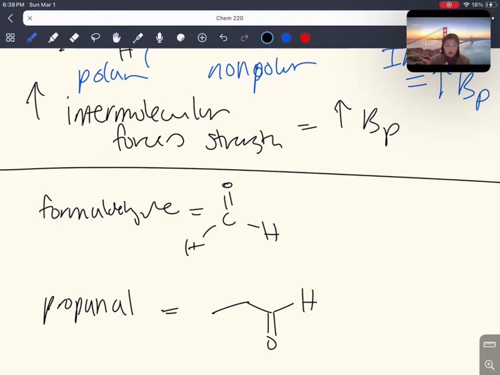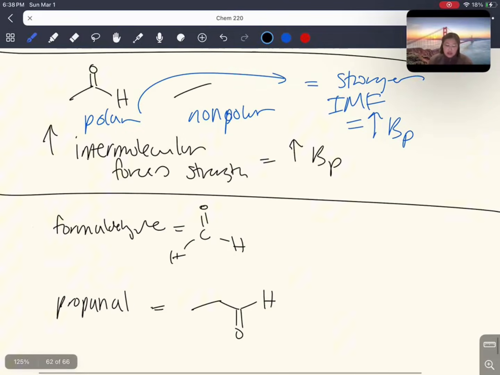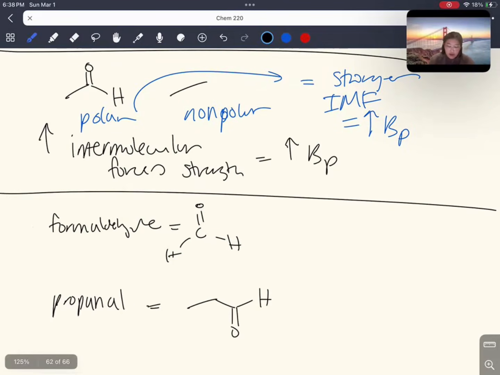Typically it can be hard to guess, but when you're comparing two molecules, similar to boiling point, if you have stronger intermolecular forces, then you know that you're going to have a higher boiling point, right? So when comparing formaldehyde and propanal, if this molecule has stronger intermolecular forces, it's going to take more energy for it to be a gas compared to a liquid.